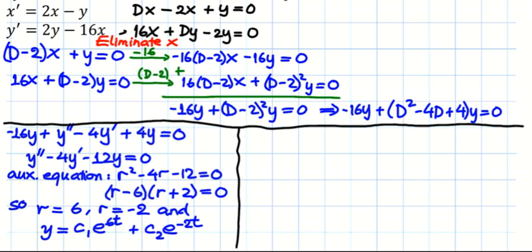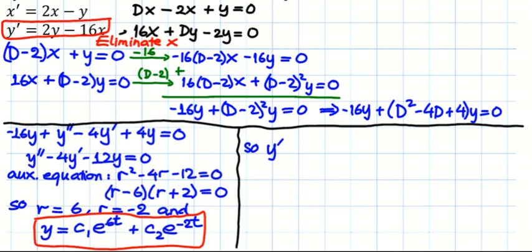Now first, I do have y equal to that, so we keep that. And then we take the derivative to find y prime, because in the equation where we substitute back to solve for x, we have the derivative and the function.